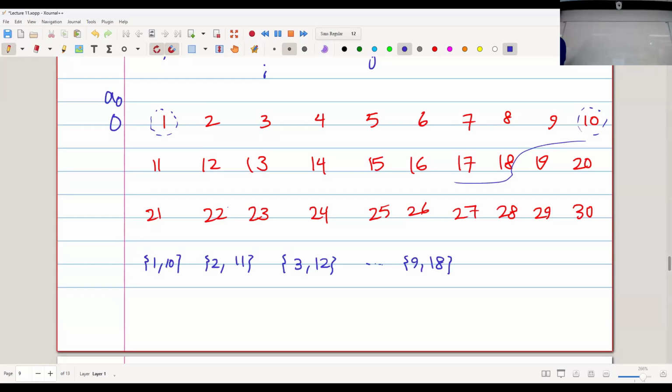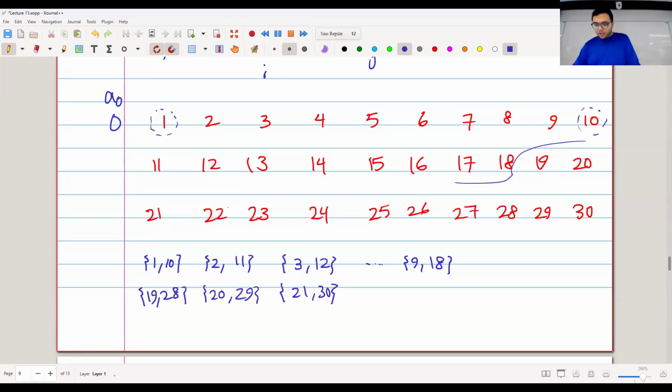And then I can say the same thing about the numbers here. Among 19 and 28, I can choose only one of them. From 20 and 29, I can choose only one. And from 21 and 30, I can choose only one.